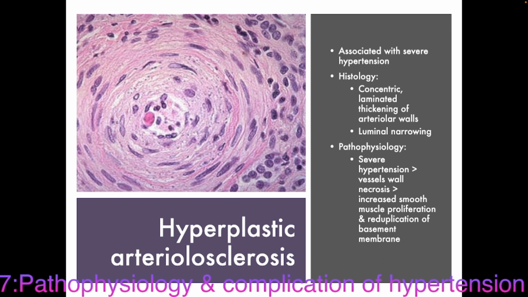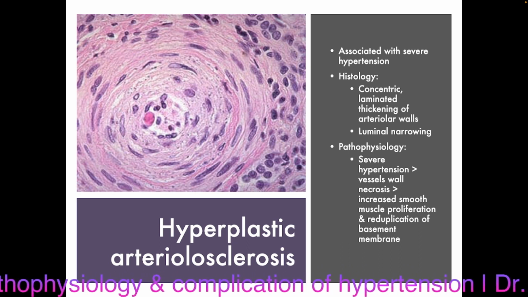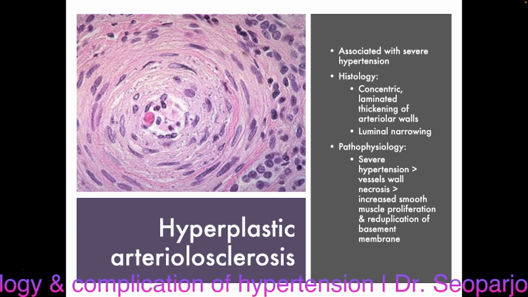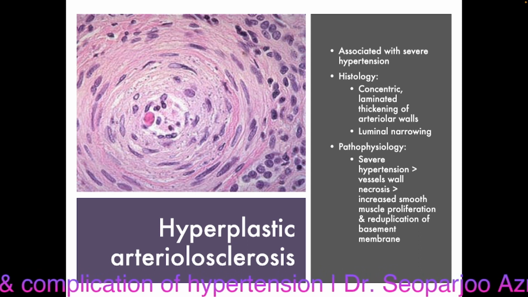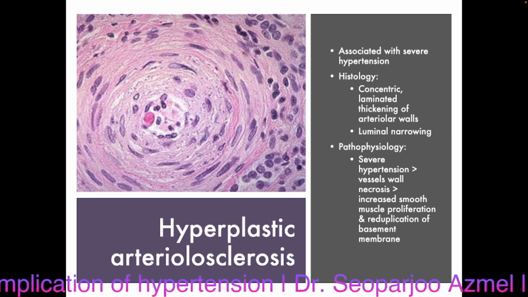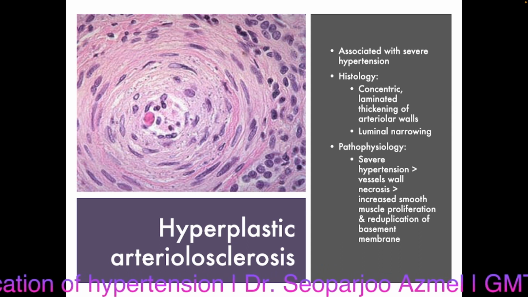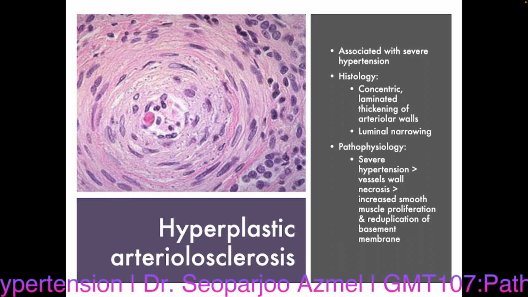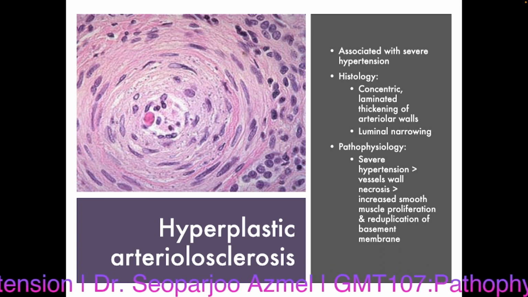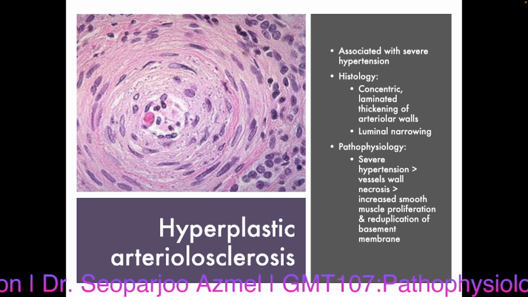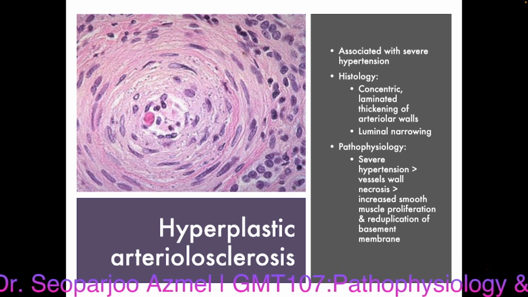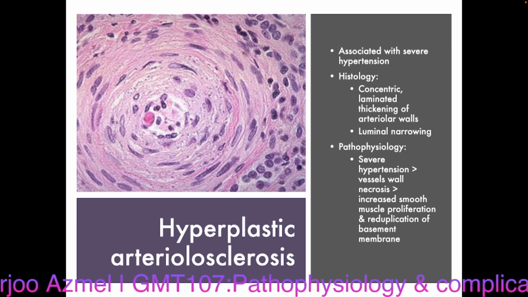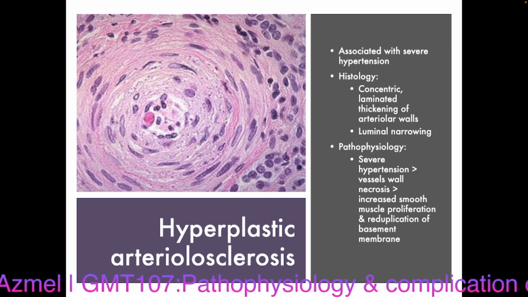In the healing process, it will cause an increase in smooth muscle proliferation and also reduplication of the basement membrane in order to heal the necrotic walls. Due to the repetitive healing and necrotic processes, the vessels become hyperplastic in the long run.